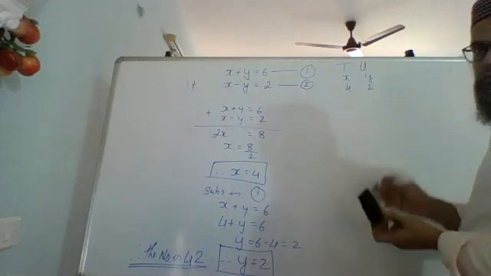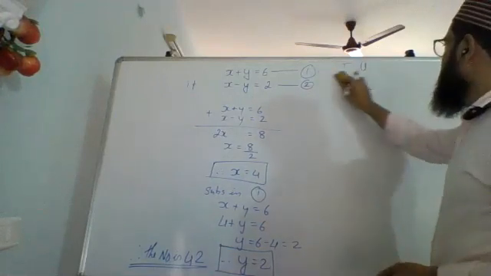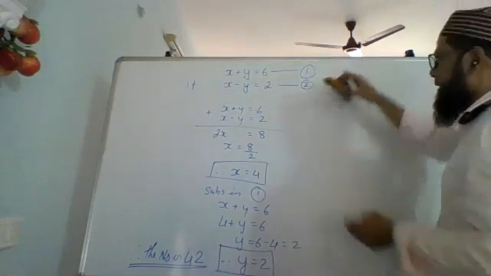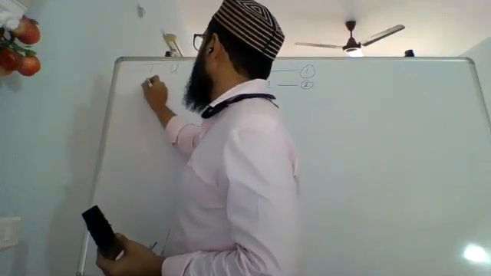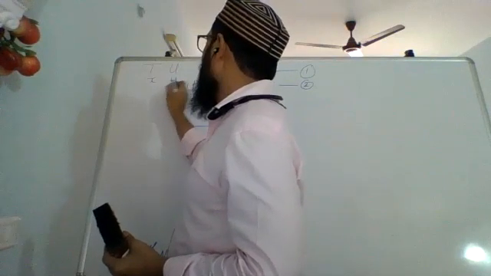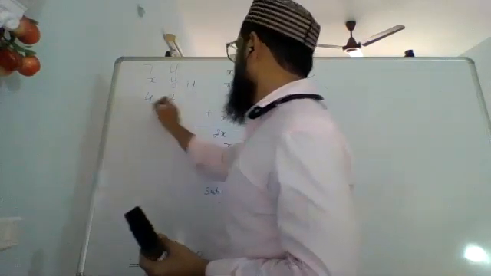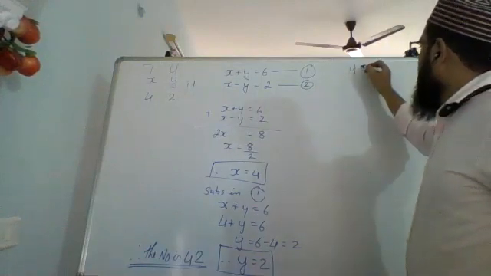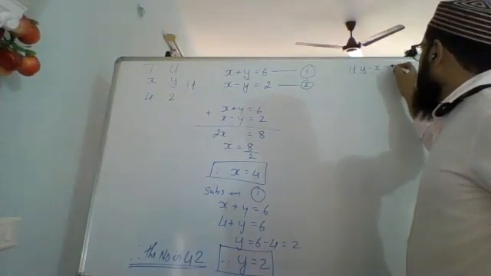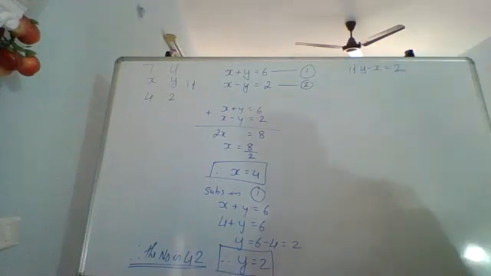Now I'm erasing this part. x and y, so we got 4 and 2, it is 42. Now the second case, if y minus x equals 2.